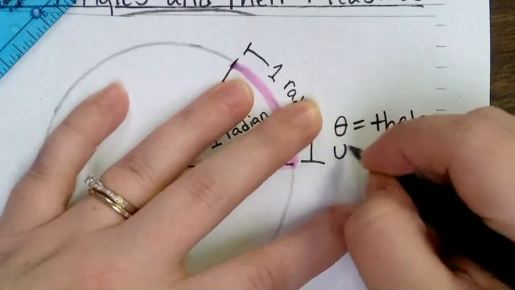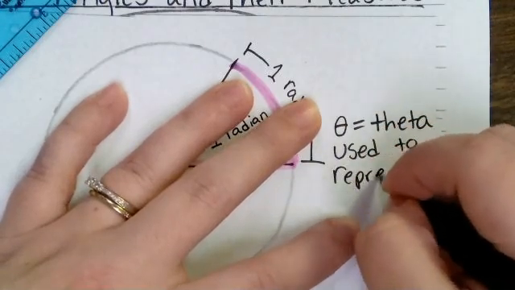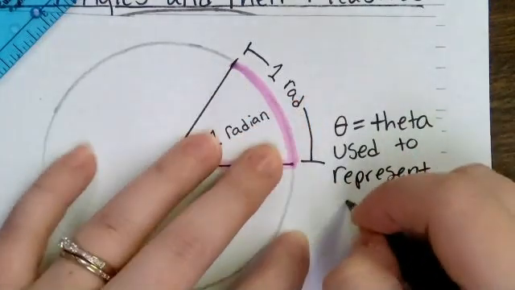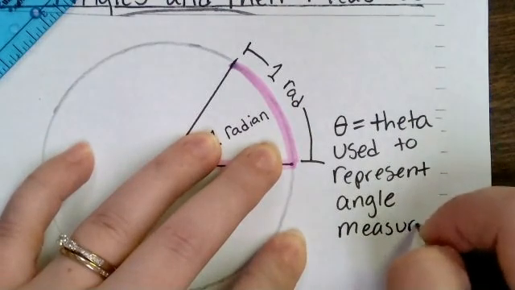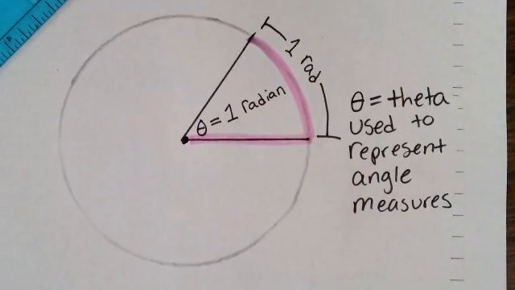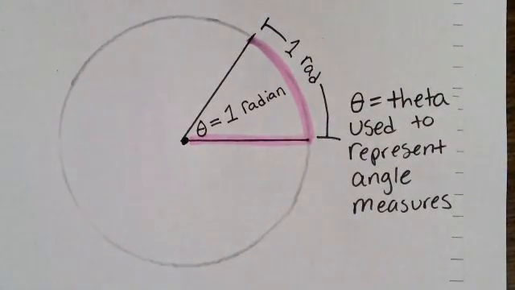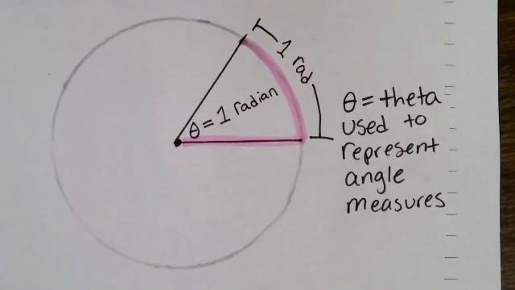So we're going to say used to represent angle measures. Okay. So you're going to use that. You're going to see it pretty often nowadays. Big boy and girl math uses theta rather than an x to represent those angle measures. So you're going to see that fairly frequently. Okay. You're going to be good friends with theta by the end of this.